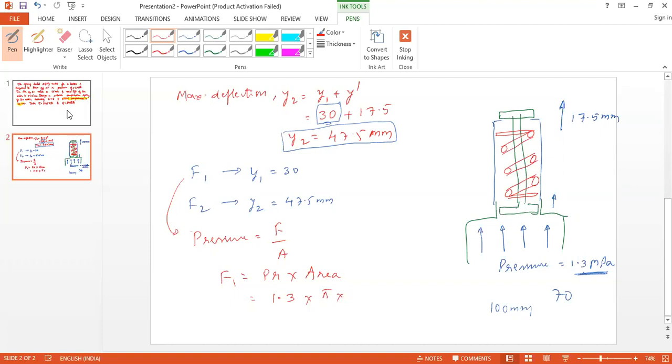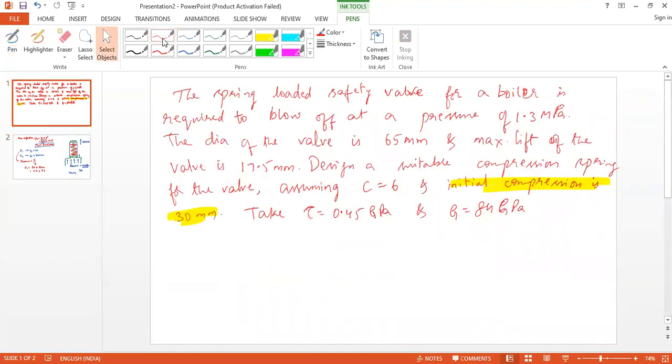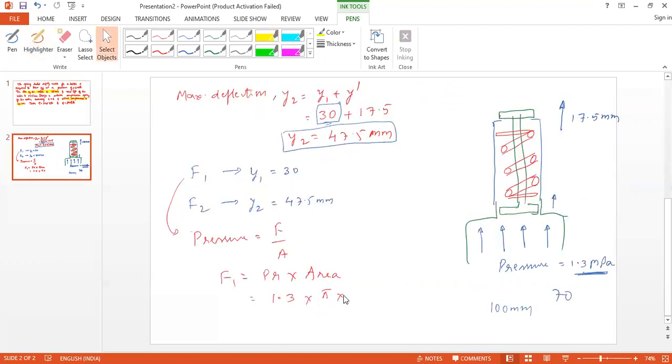So what is the diameter d? The diameter of the valve, which is 65 mm.